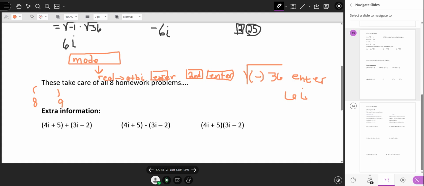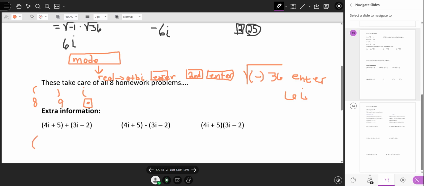Then i is above the dot key. So, to get the i, you would hit second and dot.